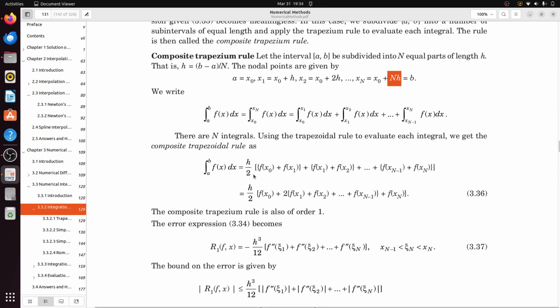We are using composite rule, so h by 2 will be there, and first for the x0, x1 sub interval you will get f(x0) plus f(x1), for the x1, x2 sub interval f(x1) plus f(x2) and so on. For the last sub interval you will get f(x(n minus 1)) plus f(xn). Now the composite trapezoidal rule is also of order 1.